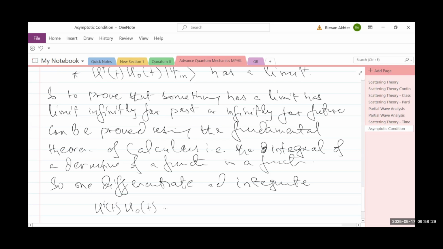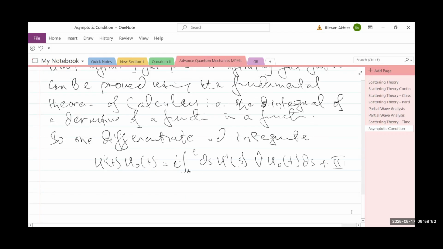It would be equal to the integral from 0 to t, ds, of the derivative of u dagger of s, u naught of s, plus some other function.